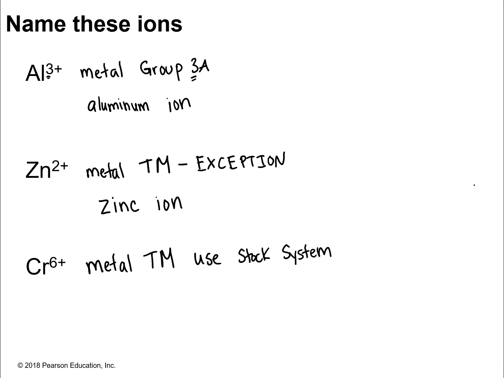And all that means is we have to write the charge as a Roman numeral in parentheses after we write the name of the parent atom. So you write out chromium. Then you write 6 as a Roman numeral in parentheses, followed by the word ion. So that's naming monoatomic cations.